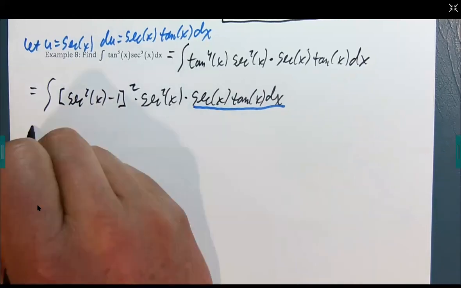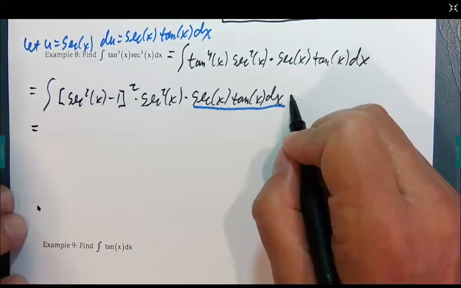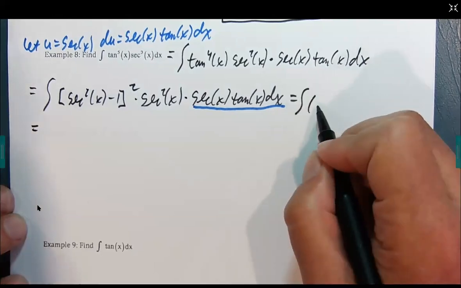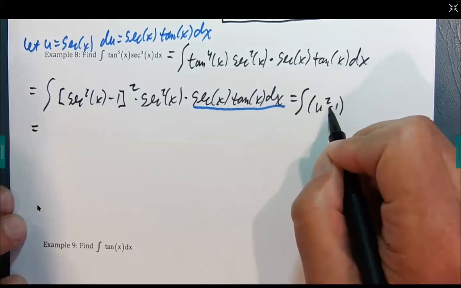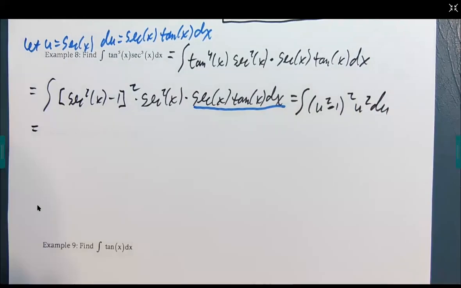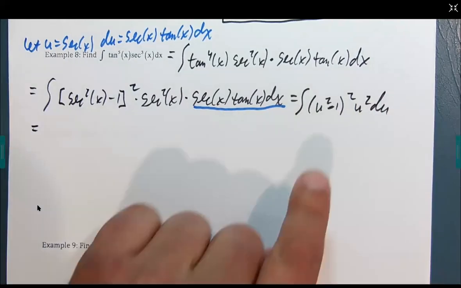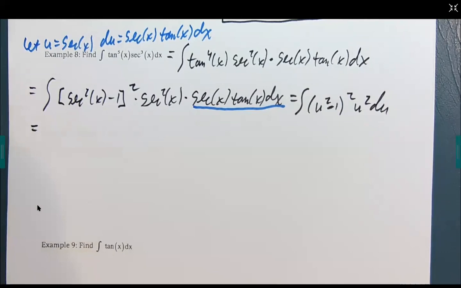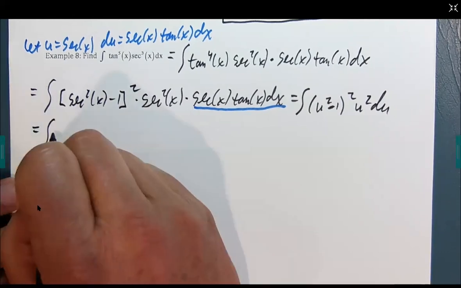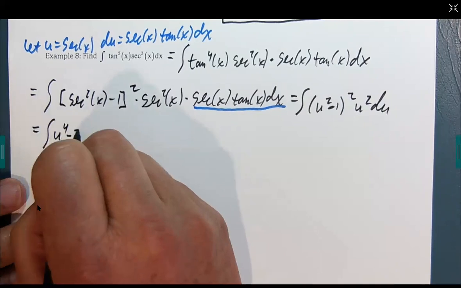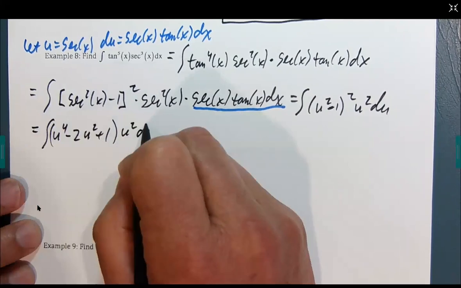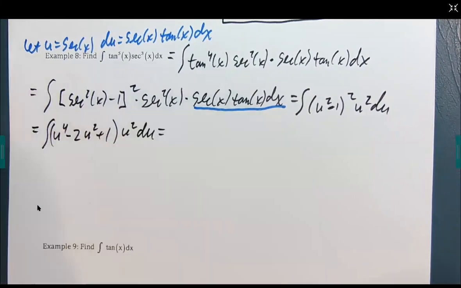All right, so this becomes the integral of u squared minus 1 squared times u squared du. So I'm going to FOIL that and then distribute the u squared.